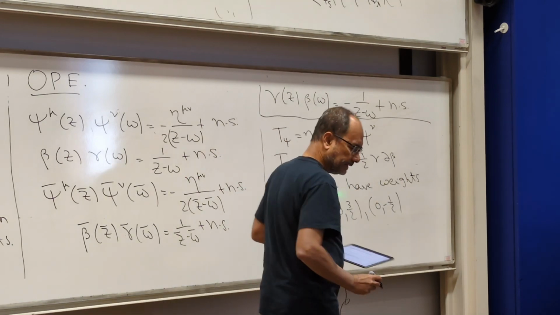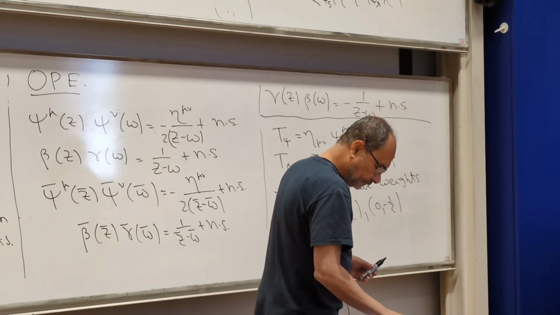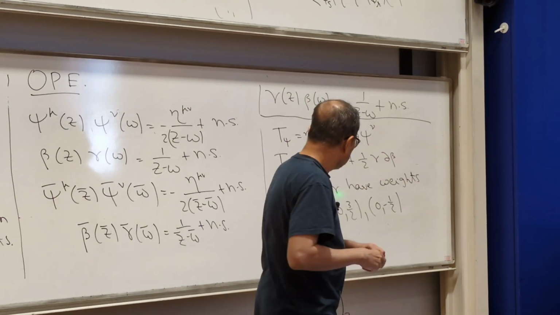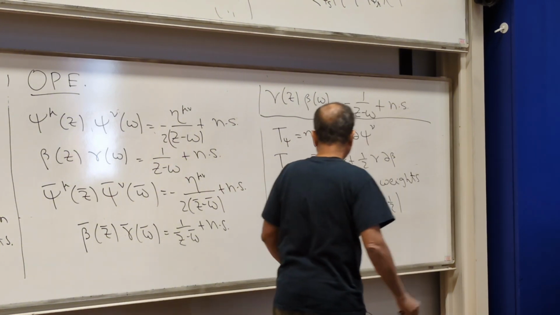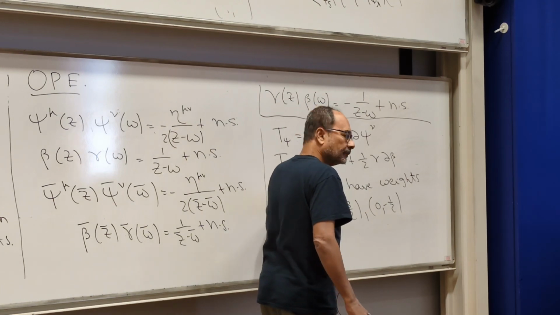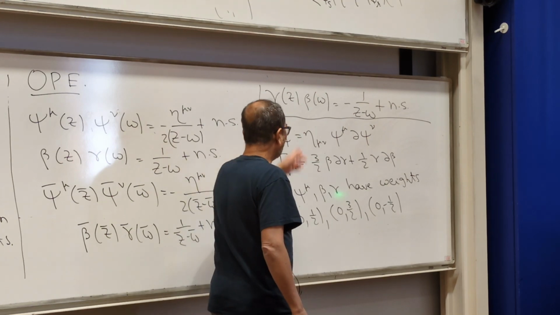So psi mu has weight (0, half), beta has (0, 3 half), gamma has (0, minus half). This is reasonably straightforward. All you have to do is calculate the OPE of T beta gamma with beta, and then apply the OPE that you already see.